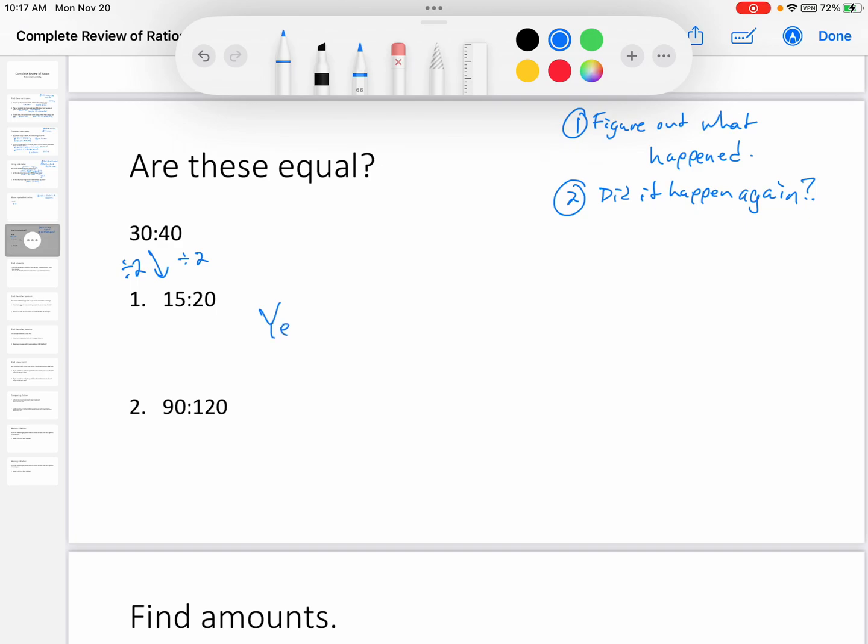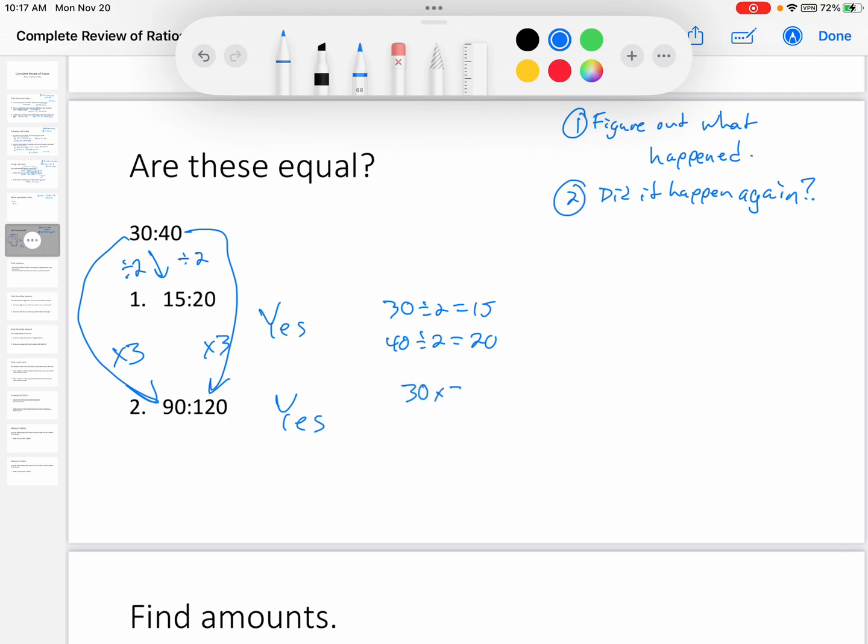Yes. Since 30 divided by 2 is 15 and 40 divided by 2 is 20, these are equal. All right, so now how do we go from 30 to 90? That's times 3. Is 40 times 3 equal to 120? Yes. 30 times 3 equals 90. 40 times 3 equals 120. Easy.